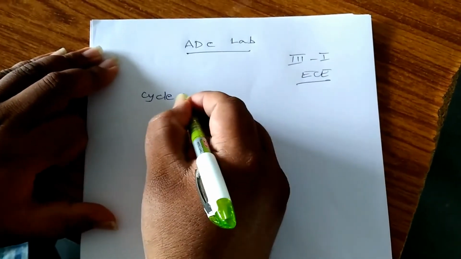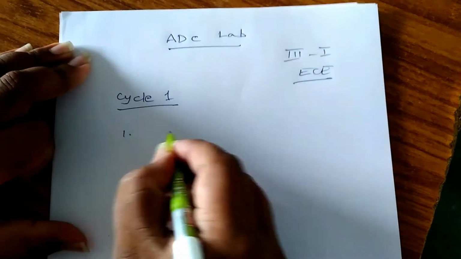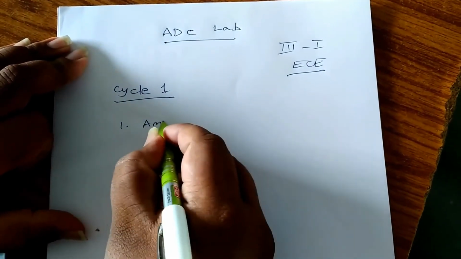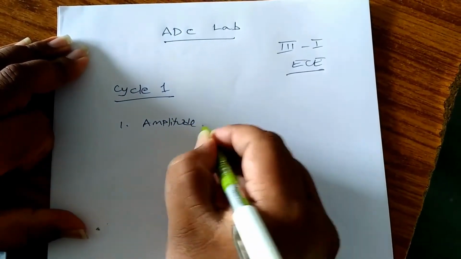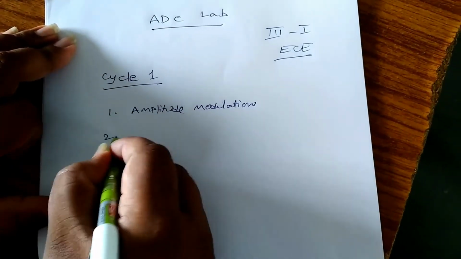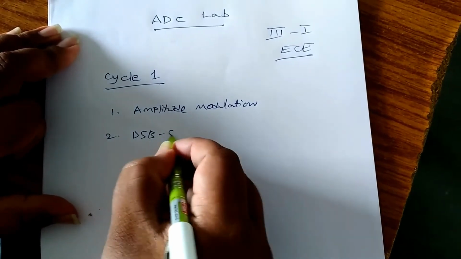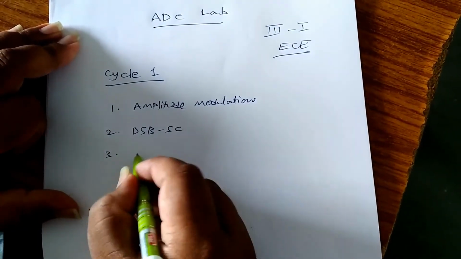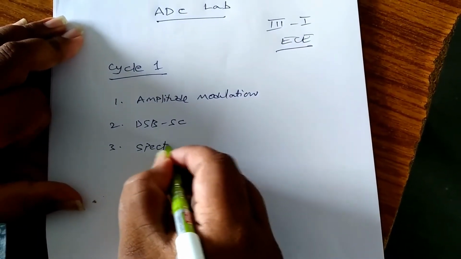Cycle 1 experiments. First one is amplitude modulation. And second experiment is a double sideband suppressed carrier. And third experiment is based on a spectrum analyzer.